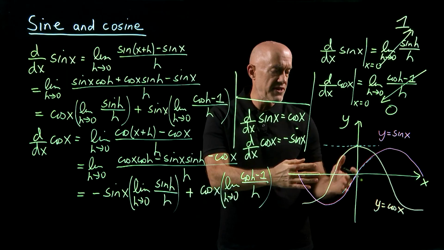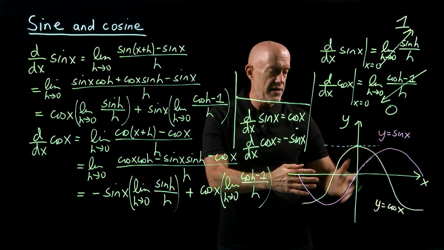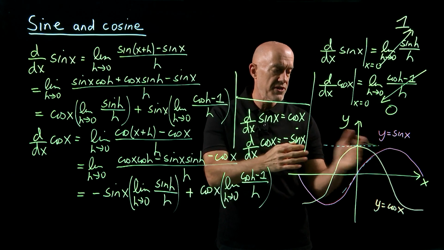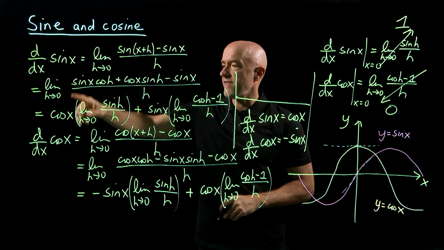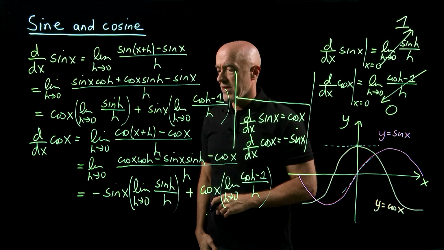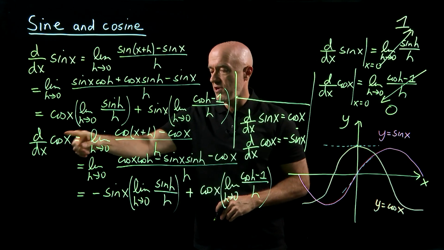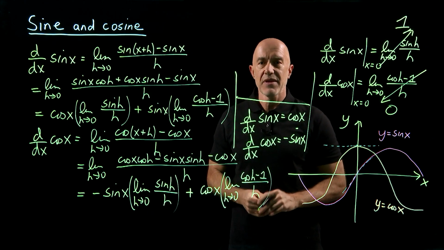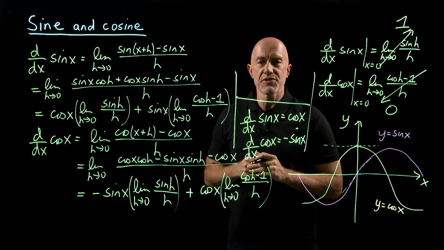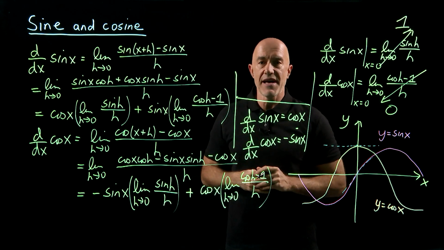But the slope of the sine at x equals 0 is 1. The slope of the cosine at x equals 0 is 0. So the derivative of the sine function is the cosine function. And likewise, the derivative of the cosine function is the negative of the sine function. Two very important results that you should memorize.